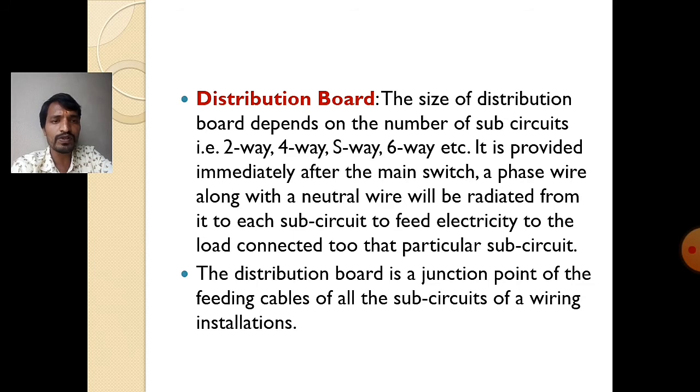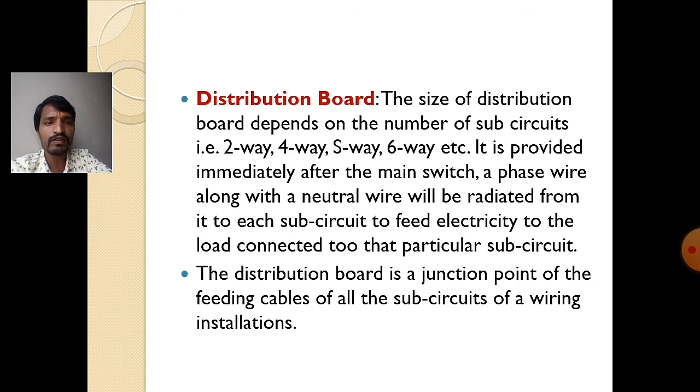A 2-way distribution board feeds 2 subcircuits only. A 4-way distribution board feeds 4 subcircuits only. So we can decide how many subcircuits are going to be installed in the house, and by that we design the distribution board. It feeds all the subcircuits.